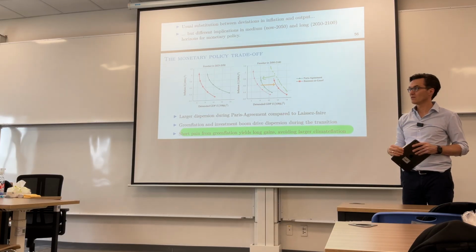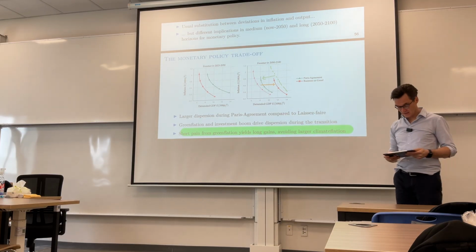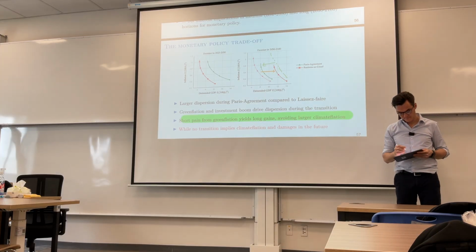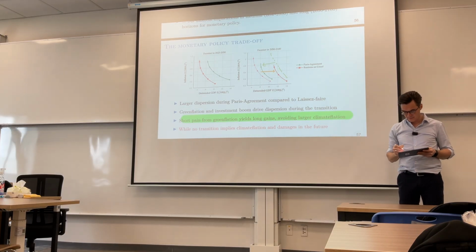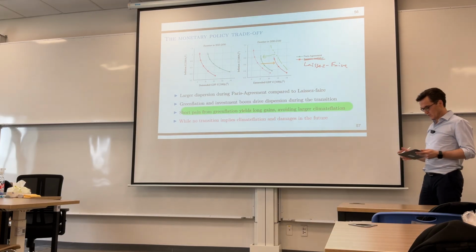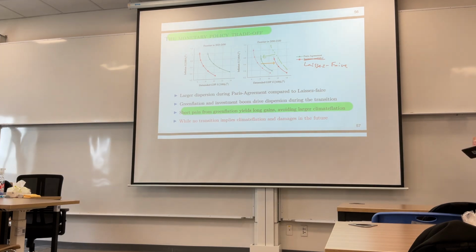Yeah. So I think it's very interesting in so many ways to consider and play with this. So again, this is laissez-faire. All right. So the trade-off for the central bank gets, so to say, less severe by climate policy.